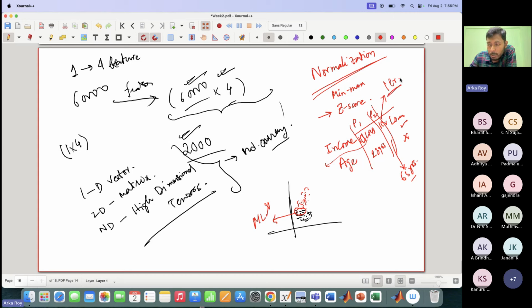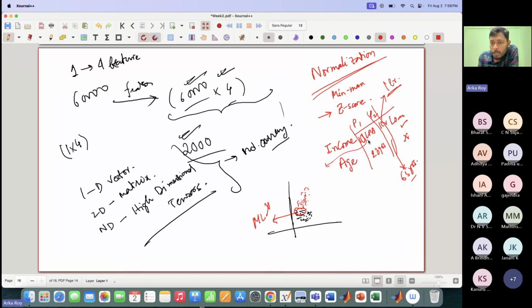For example, if I see a person having 1 crore per annum income, I can think that I can give him a loan and recover it very well because his income is pretty high. In contrast, if I see person 1, I would say his income is not that great, so I might take a huge amount of time to recover that loan, and I may not give him the loan.